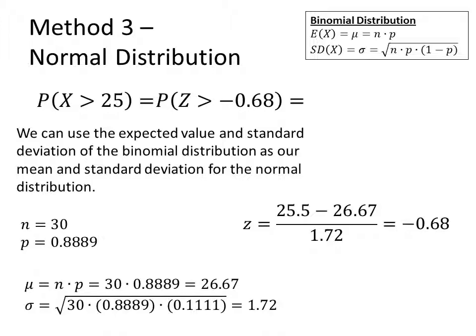We get the probability that z is greater than negative 0.268, which is 0.7517. Now, one thing that I should note here is that we did use 25.5 in our computation instead of using 25. This is because we're using what we call the continuity correction. And so it makes for a more accurate prediction.